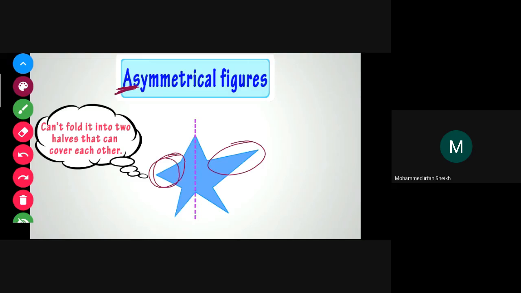Ma'am, one side is small and one side is big. So some shapes don't have a perfect shape, so they don't have a line of symmetry, not even one. Like we have seen in the flags: the first flag has zero, another has two lines, and the Indian flag has one.